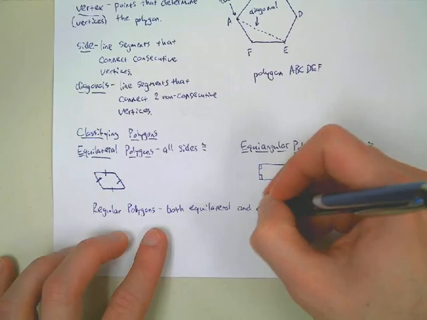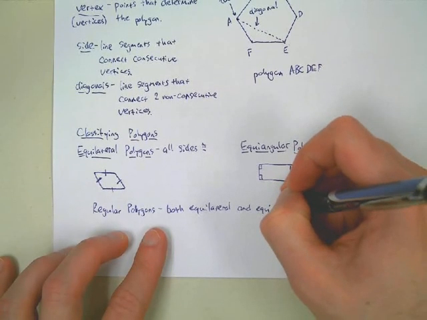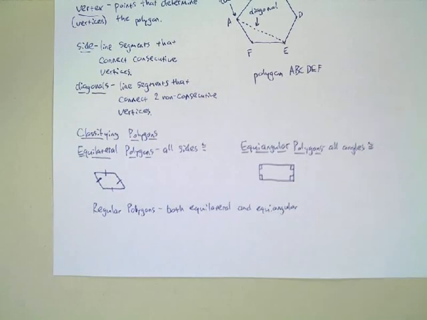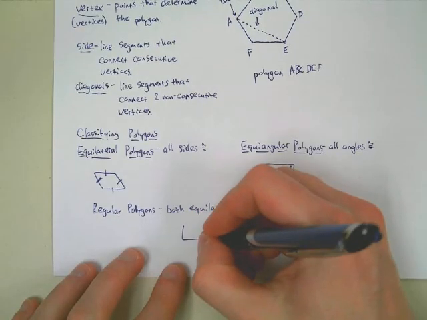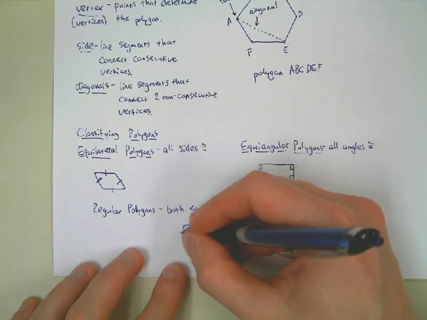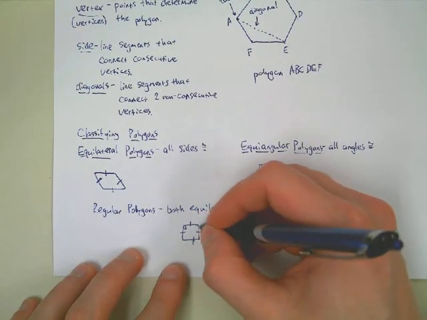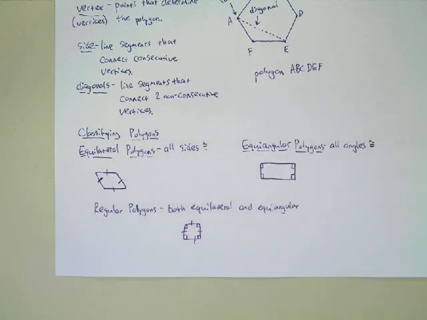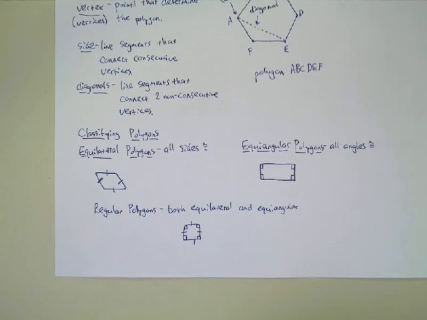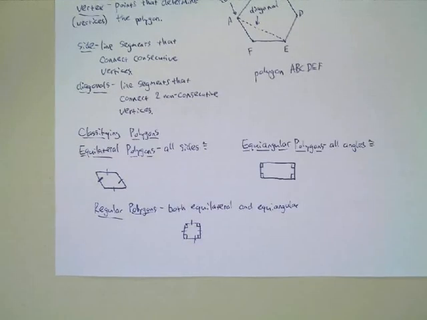And then Shannon already took my question. She knows that a square is both equilateral and equiangular, right? That's the quadrilateral. We don't really have names for the other shapes if they're regular, besides just calling them regular. But the regular quadrilateral is a square.